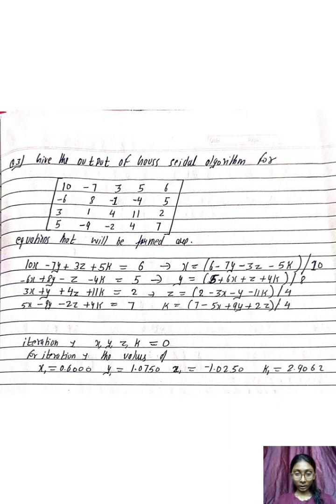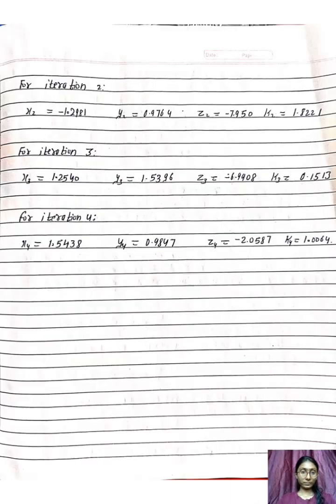For iteration 1, the value of x1 is 0.6000, y1 is 1.0750, z1 is minus 1.0250 and k1 is 2.9062.